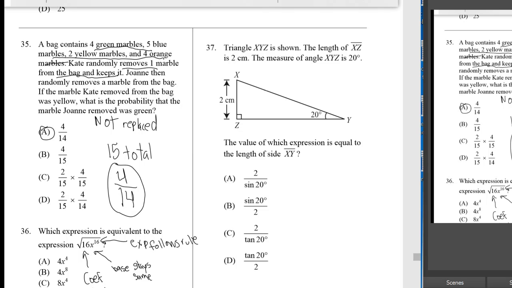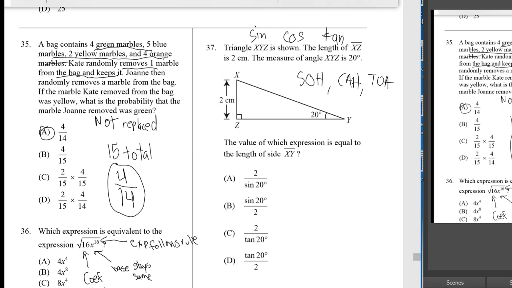This is trigonometry, where there are functions called sine, cosine, and tangent, written sin, cos, and tan. How we remember how they're used is this little acronym, SOHCAHTOA.